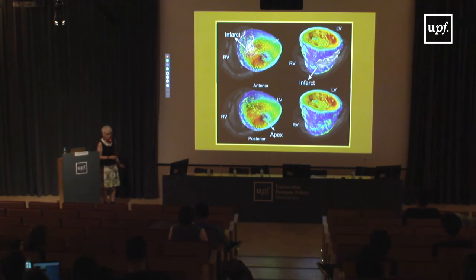My student used these diffusion tensor MRI scans together with contrast-enhanced MRI, where the contrast provides information on where the heart has a scar. What I'm showing here are explanted human hearts that have had infarcts, and we were able to reconstruct them together with the fiber orientation, so we get information about all the structure.